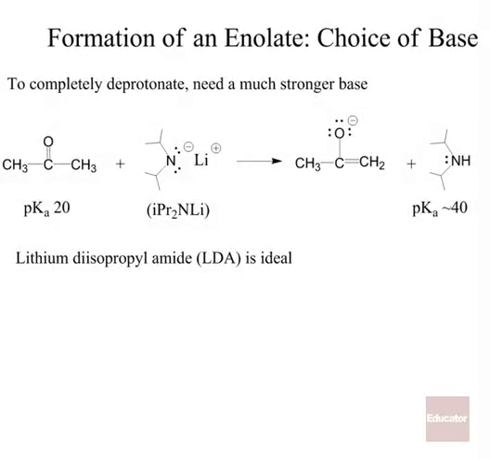If we wanted to completely deprotonate the ketone or aldehyde to make it an enolate 100%, we're going to need a much stronger base. And one of the bases that's been developed for this, that's used very widely, is this one. This is called lithium diisopropyl amide. That means we have an N-. Lithium diisopropyl amide is very conveniently abbreviated as LDA.